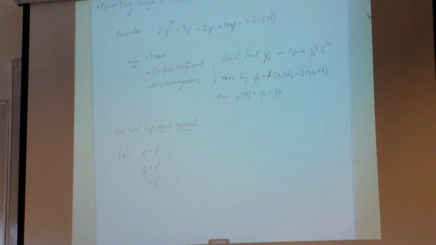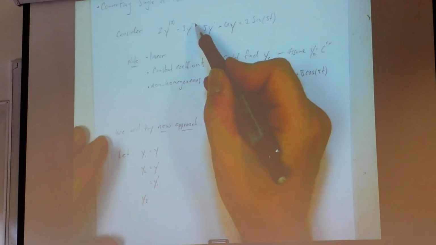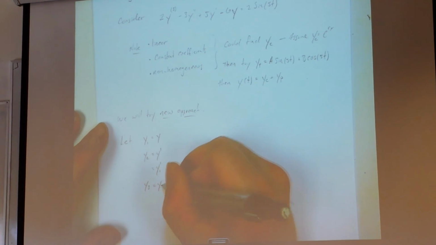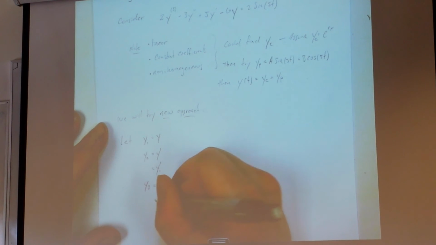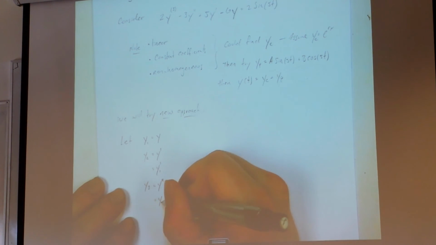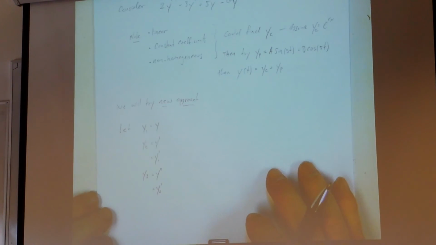And y3, I'll let that be y double prime. So we're capturing all these derivatives. But y double prime is just y2 prime. Right?